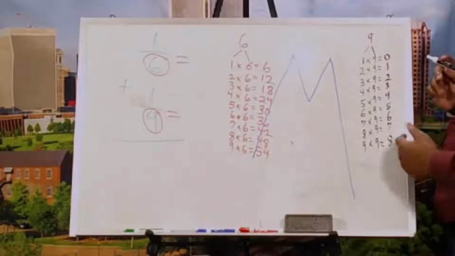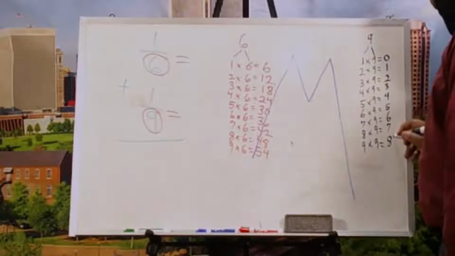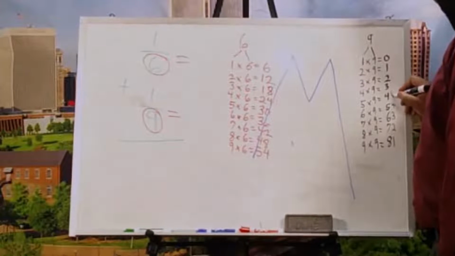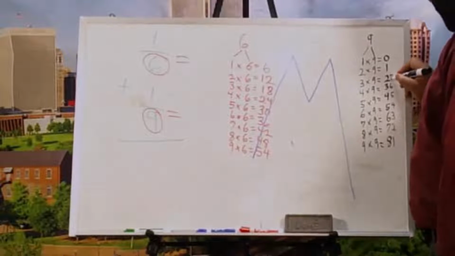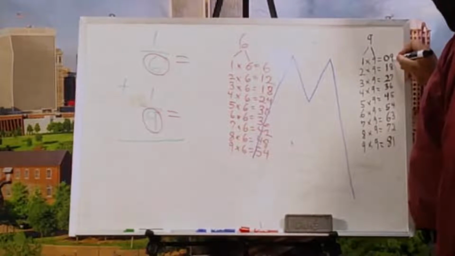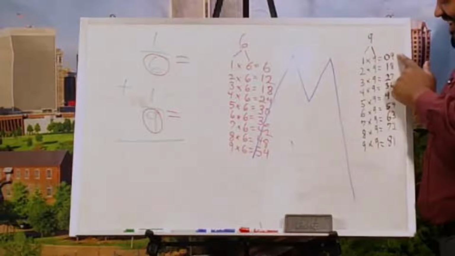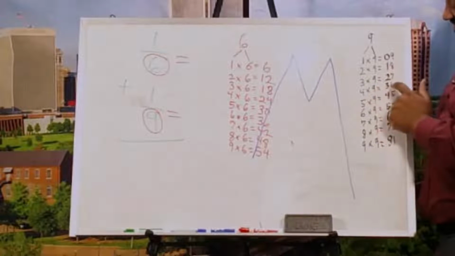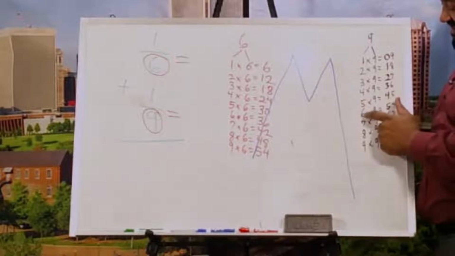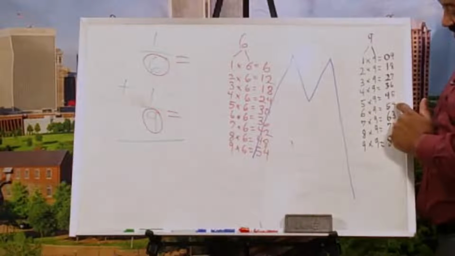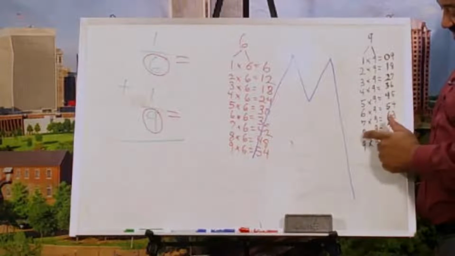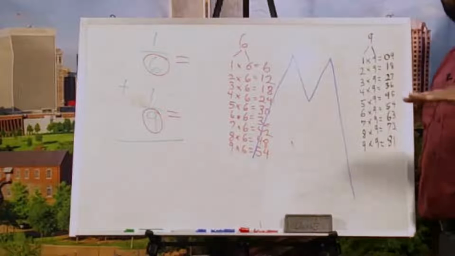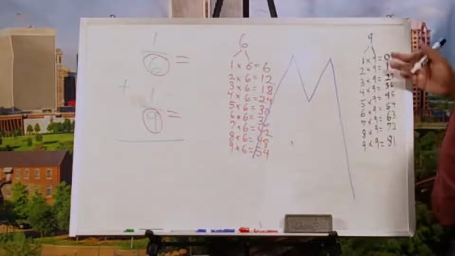And I'm going to start at the bottom, and I'm going to count up. 1, 2, 3, 4, 5, 6, 7, 8, 9. 1 times 9 is 9. 2 times 9 is 18. 3 times 9 is 27. 4 times 9 is 36. 5 times 9 is 45. 6 times 9 is 54. 7 times 9 is 63. 8 times 9 is 72. 9 times 9 is 81. It only works with the 9. It doesn't work with all numbers. It works with the 9s right here.